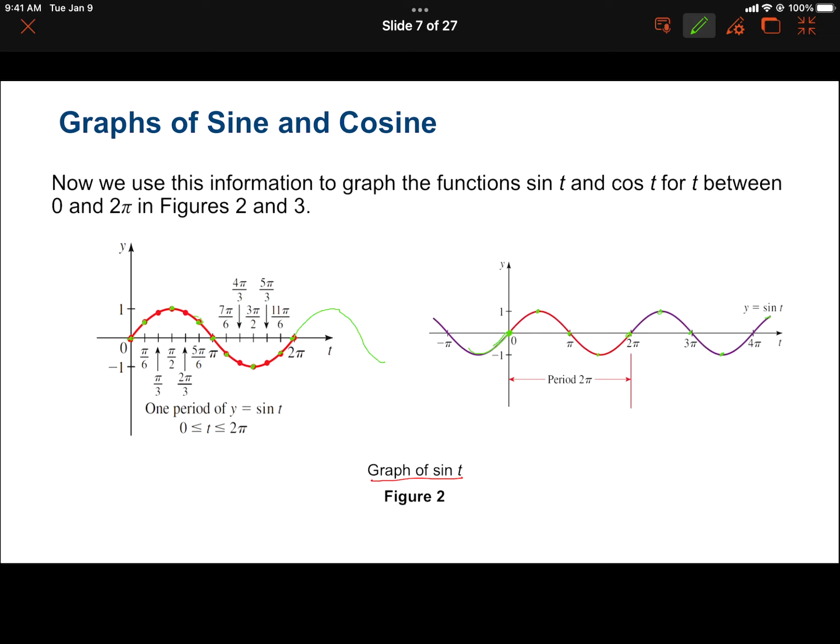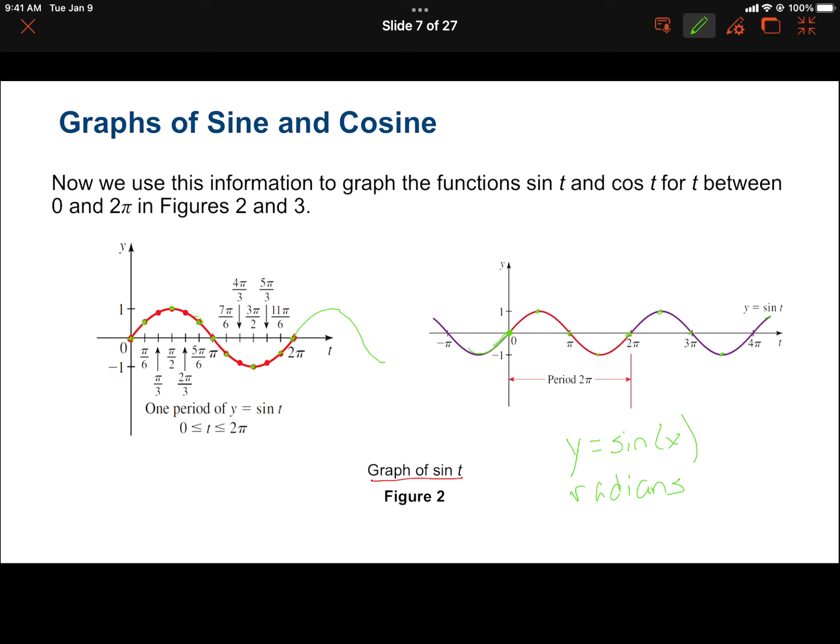Okay, I'm going to recommend, and I know I have this later on in the notes too, that we also need to be able to notice what this looks like with our calculator. So in your calculator, you can graph this, do y equals sine of x. Okay, make sure you're in radians. You must be in radians. You should be, but if you've changed it since the last time we did anything, make sure you're in radians.